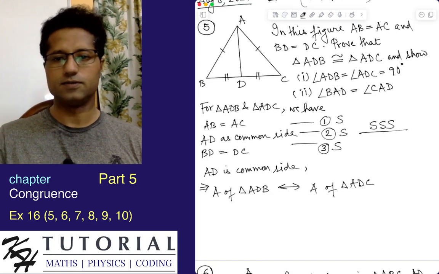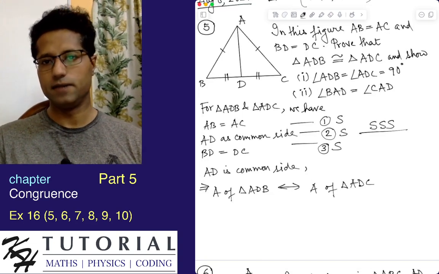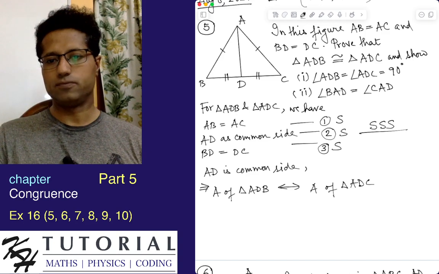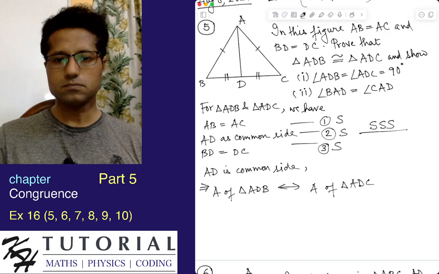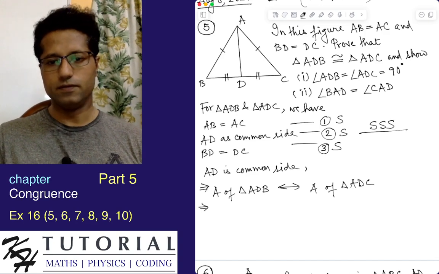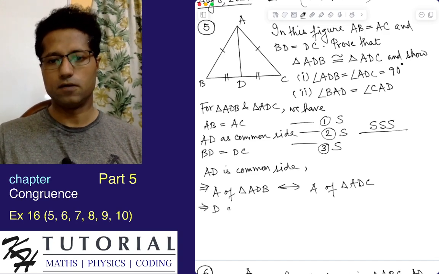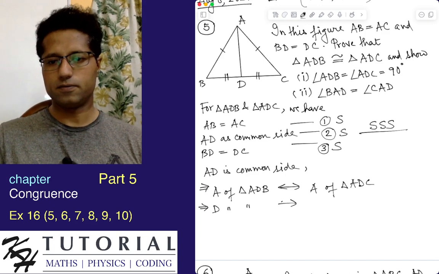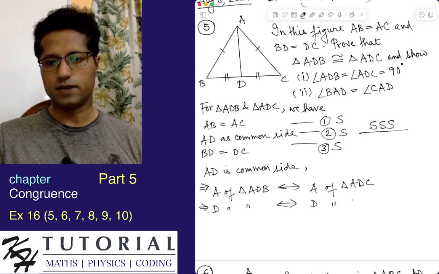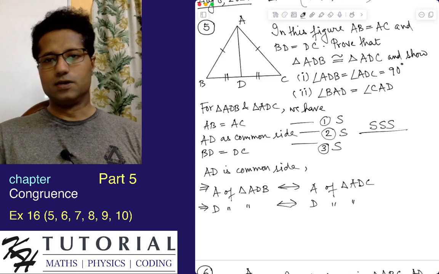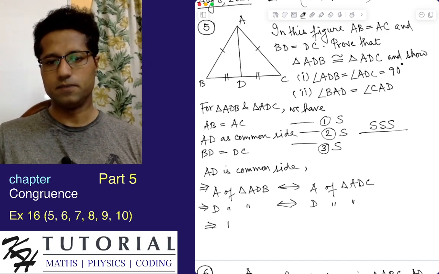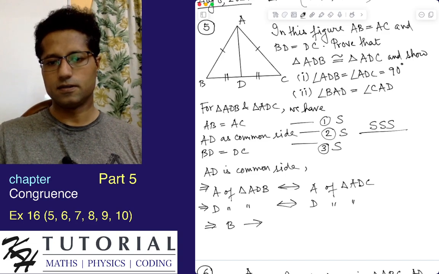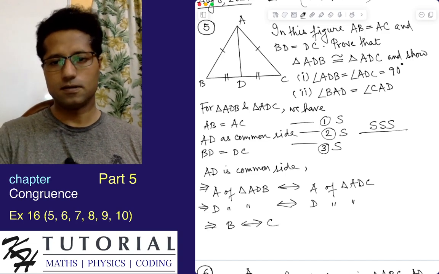So we can say vertex A of triangle ADB is mapped to vertex A of triangle ADC. Also, D of triangle ADB is mapped to D of triangle ADC. So the only vertex left is B, so we can clearly say that B is mapped to C.